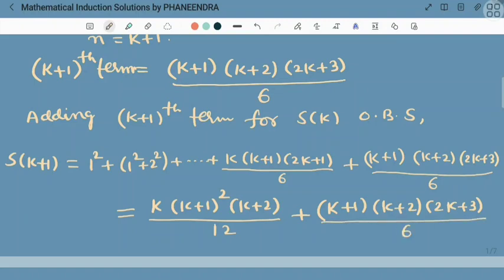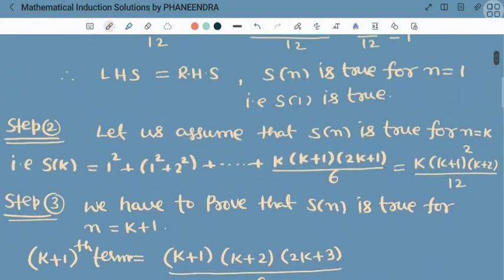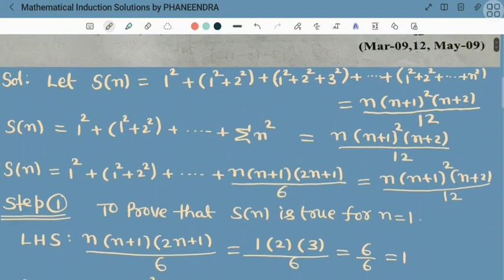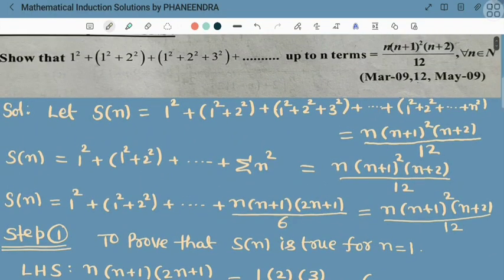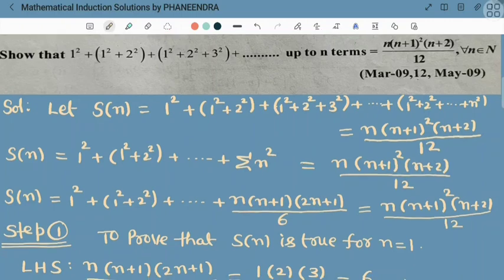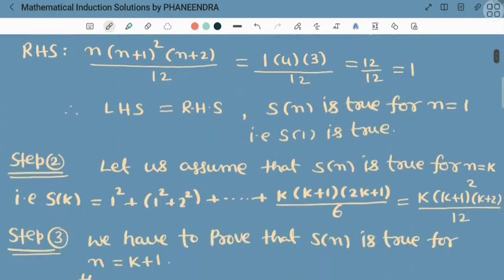I hope you understand. The RHS value we have to prove in the statement: in the RHS of the given statement, wherever n is there, we have to replace it with k plus 1. In this way we can prove that.